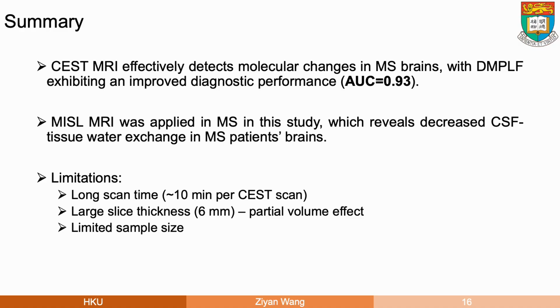There are also some limitations, such as the long scan time, large slice thickness, and limited sample size, which should be addressed in future large cohort studies. Overall, our results highlight the clinical translational potential of saturation transfer-based MRI, providing additional insights for the diagnosis of multiple sclerosis.